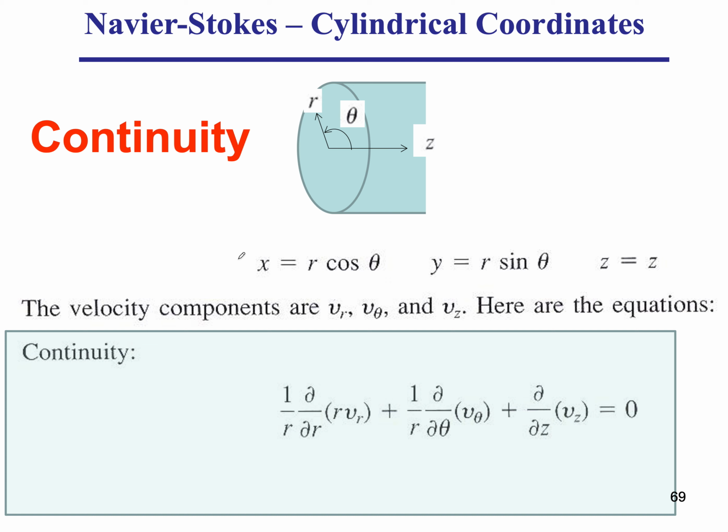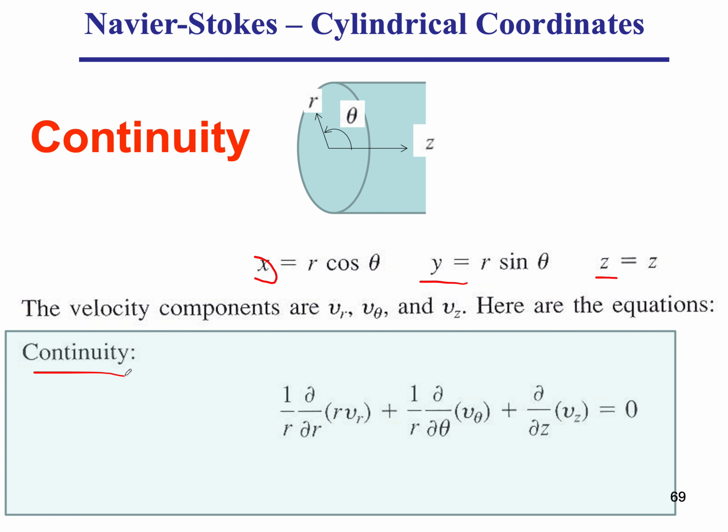We are familiar with the Navier-Stokes equations in Cartesian coordinates, the x, y, and z. And the relationship between the Cartesian x, y, and z and the polar coordinates r, theta, and z is as so: the sine and cosine for r, theta, x, y, and the z is z.